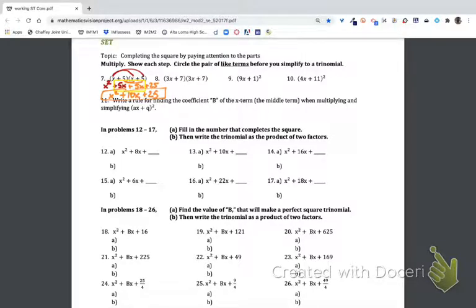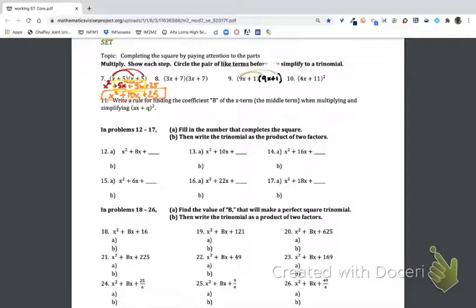Next one, number 9, gets pretty tricky because now it's 9x plus 1 all squared. Well, you can also write this as, and I'm going to encourage you to do this, 9x plus 1 times 9x plus 1. That squared means that I'm multiplying it by itself in this situation. So we'll take that and go ahead and follow directions.